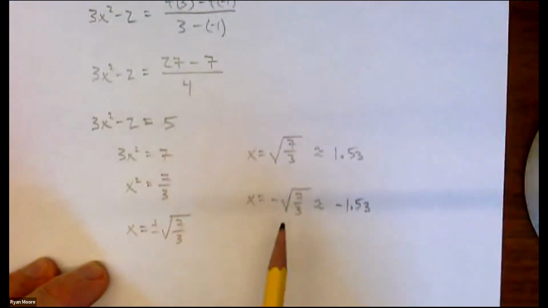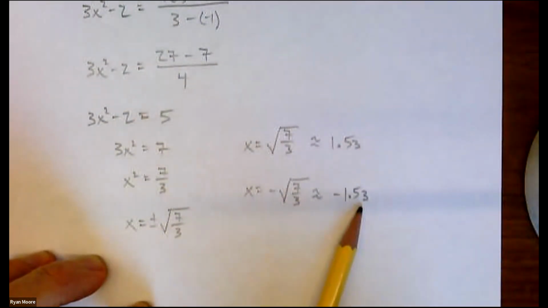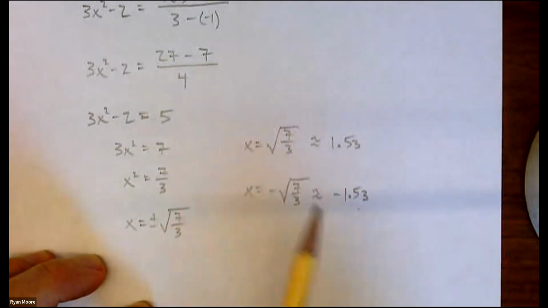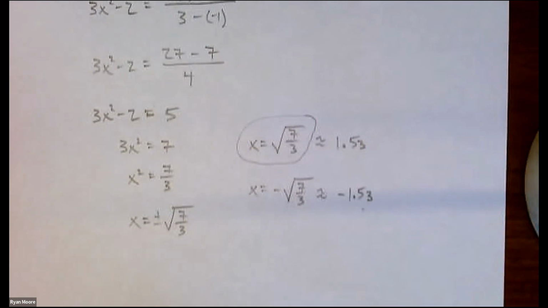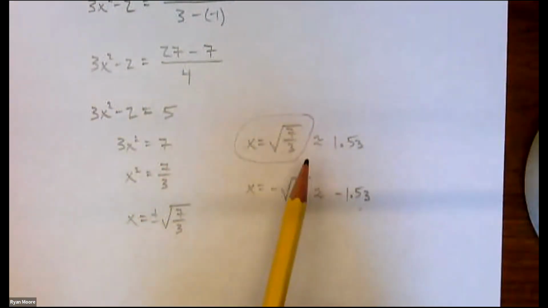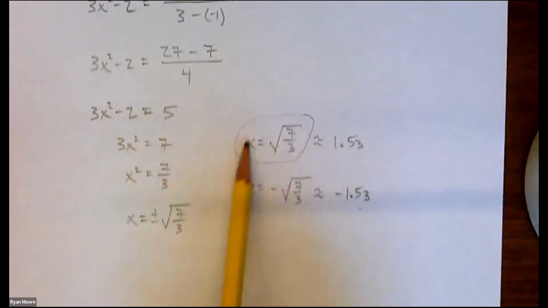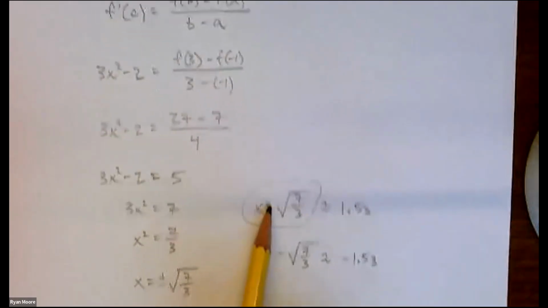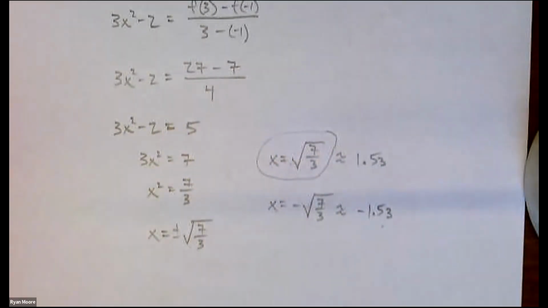Ah, you know what? The negative version is not in the interval. Only this one is. So that's our only c, right? We're calling it x, but that's the only x value, the only location where the slope of the tangent line is equal to the slope between the endpoints.